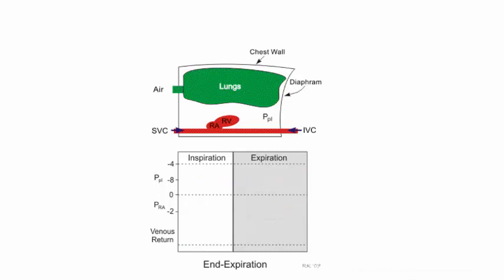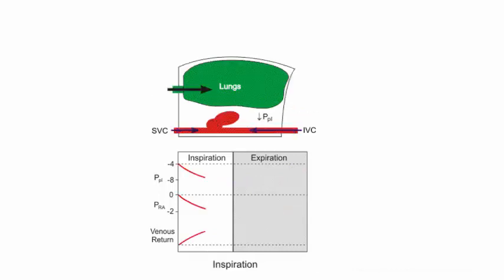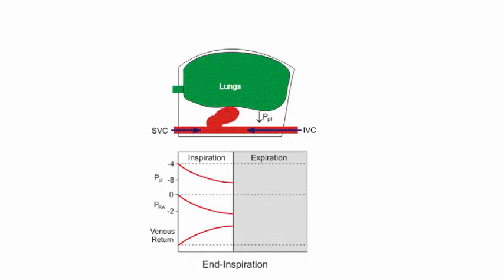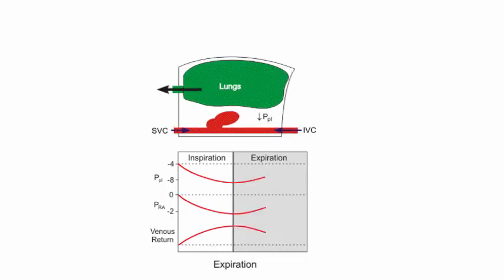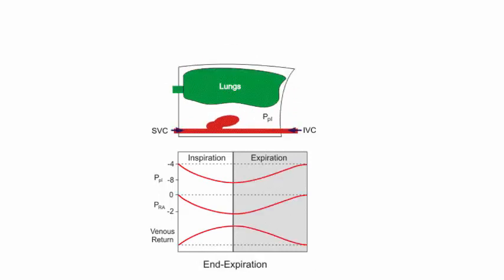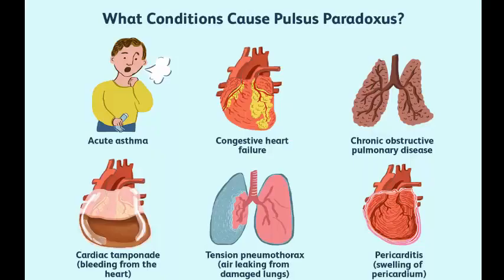In contrast, expiration is accompanied by a fall in venous return to the right heart, a reduction in the output of the right heart, a rise in the venous return to the left heart as blood is squeezed out of the lungs, and an increase in the output of the left heart. So, what is the physiology of pulsus paradoxus? This term is used to describe the exaggerated fall in BP during inspiration that is characteristic of cardiac tamponade and severe airways obstruction.